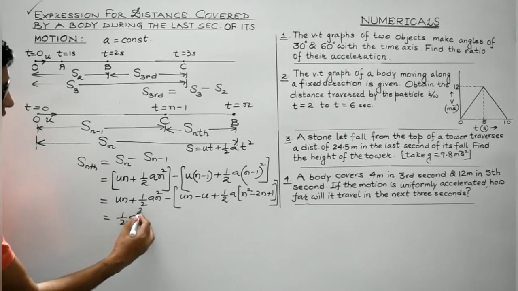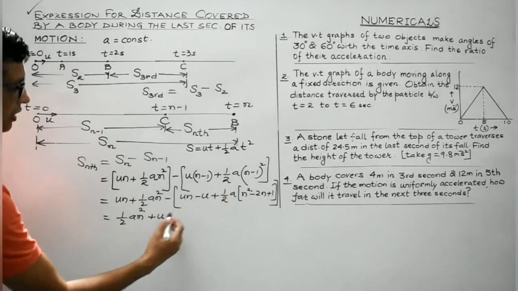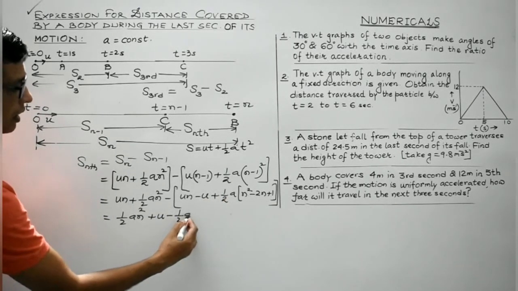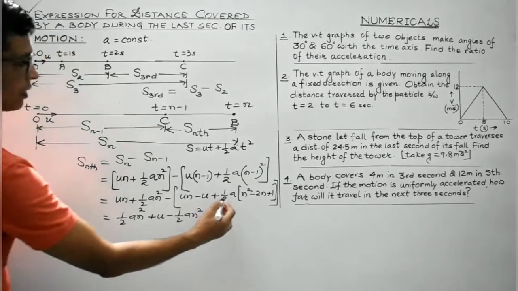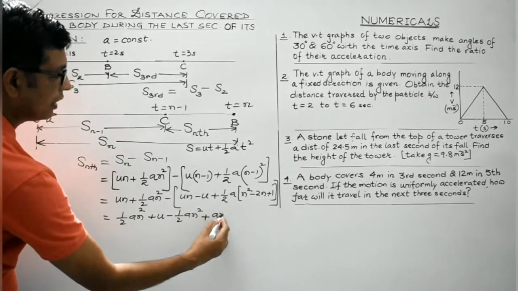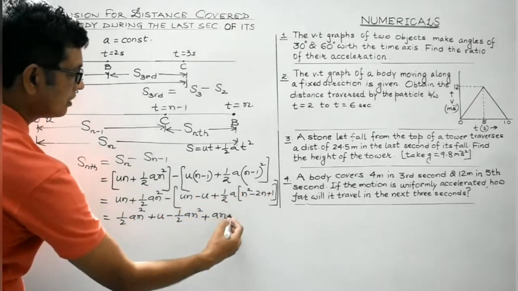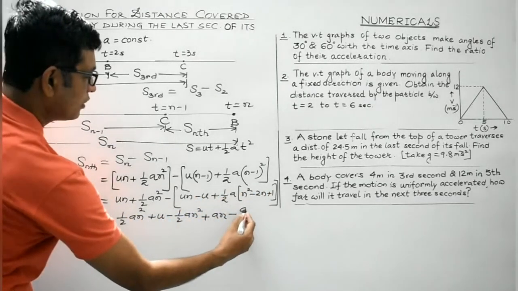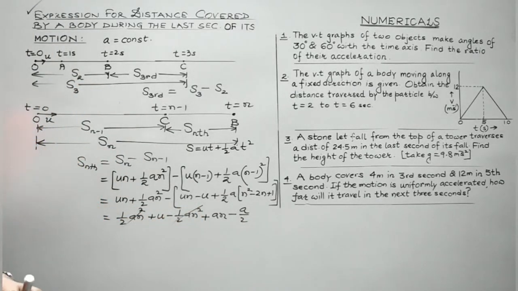We will be left with plus u, then half an square minus half an square also gets cancelled. We will get an, and then minus a by 2.